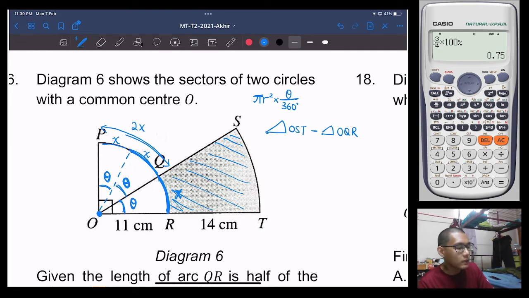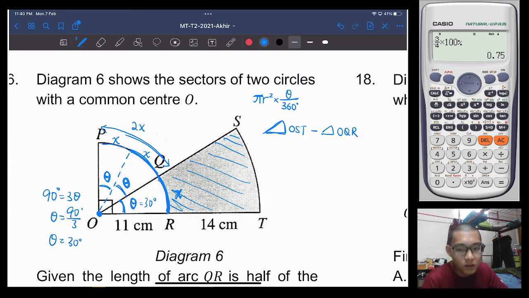So we have theta, theta, theta. That means we have 3 theta here. 90 degrees equals 3 theta. So 1 theta is 90 divided by 3, which is 30. So each is 30 degrees. Now we know that the angle is 30 degrees for each sector.